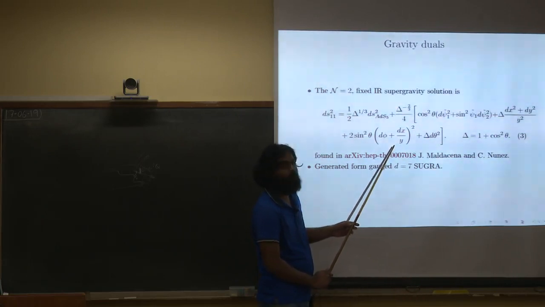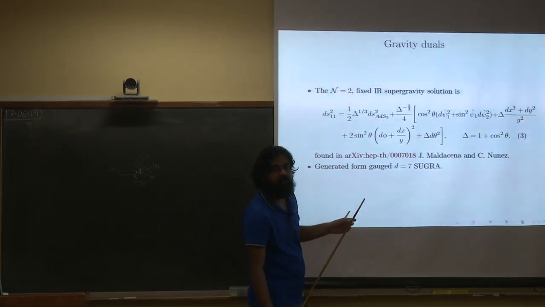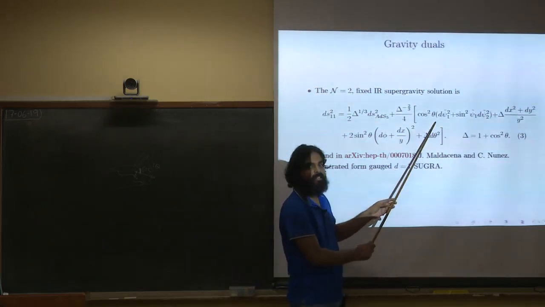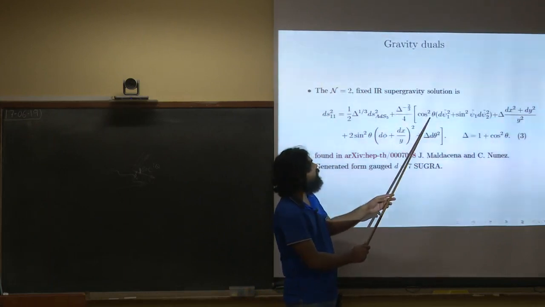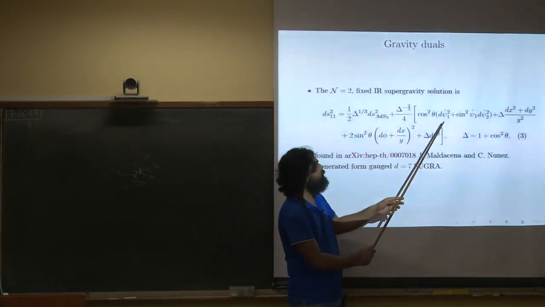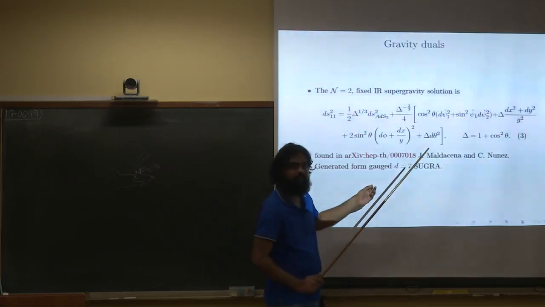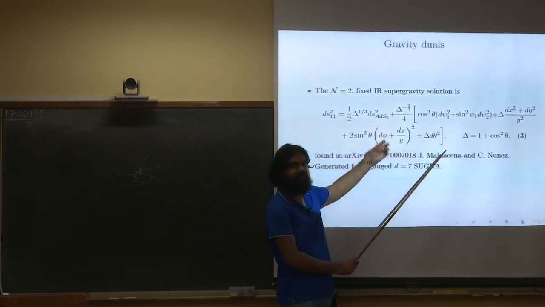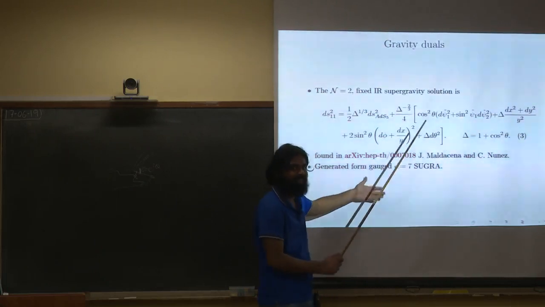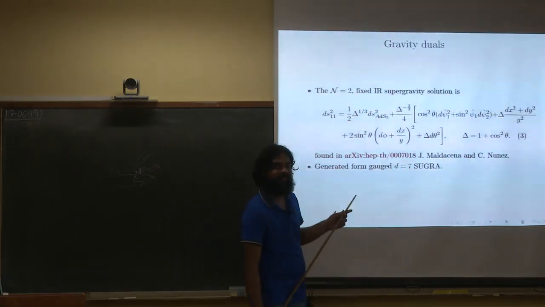Yeah, that's right. But there won't be any fibration as such. But still it would be squashed. Oh, it is squashed? Yeah, you can see, for theta equals pi by 2, this S2 shrinks to a point, right? But this is independent. This is a circle, so there's a squashing. Squashing still remains.